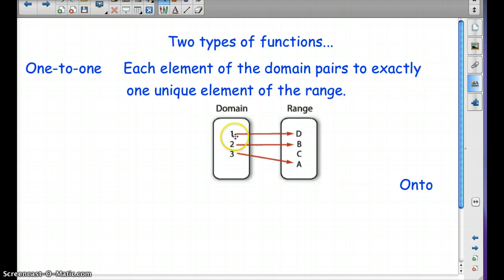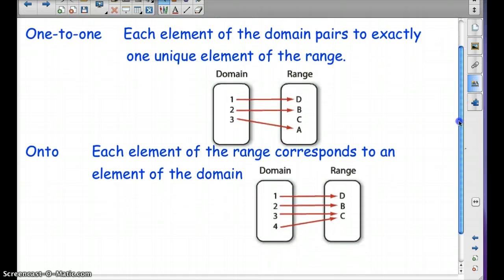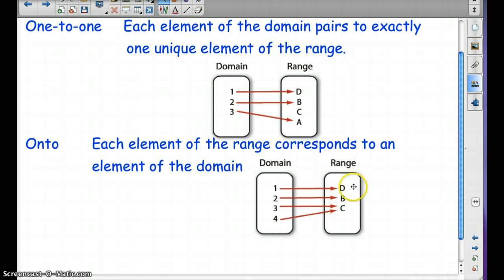So exactly one element of the domain goes to the range.